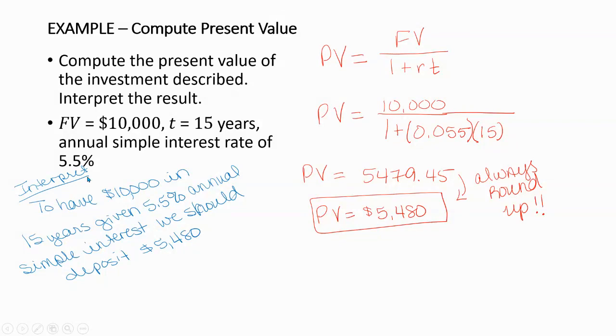Okay. So that is not the only way to say that statement. There are many other ways that you could word it and say exactly the same thing, but the idea is to mention that you need to deposit 5,480. You're going to have 10,000 in 15 years, and your annual simple interest rate is 5.5%.